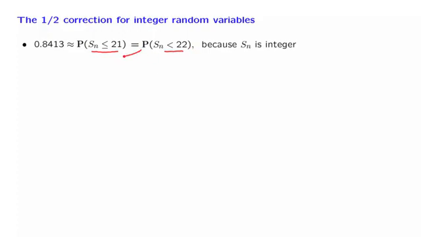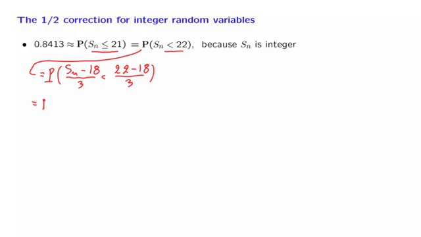And this probability here is equal to the probability that Sn, from which we subtract the mean and divide by the standard deviation of Sn, is strictly less than 22 minus 18 divided by 3, which is the probability that the random variable that we denote by Zn, which is this expression here, is strictly less than 22 minus 18 over 3. This is 1.33.